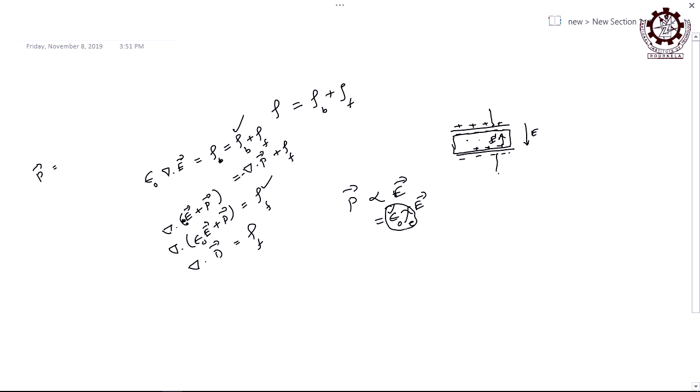So, that constant is now epsilon 0 times the susceptibility. This susceptibility is a quantity which is the reciprocal of the dimension of epsilon 0, the permittivity of free space. Permittivity and susceptibility are opposite to each other; dimensionally, unit-wise, they are just inverse. So, every material must have a susceptibility.